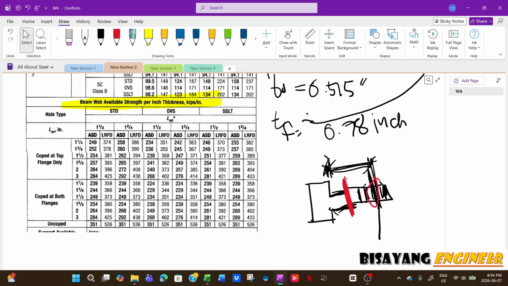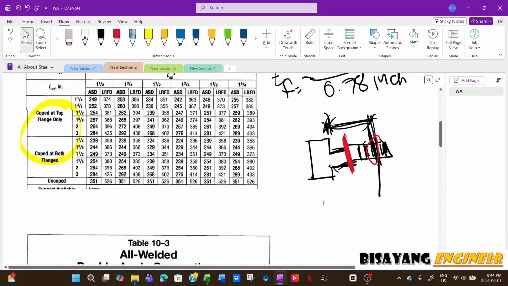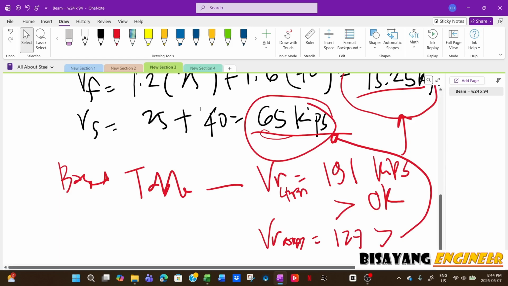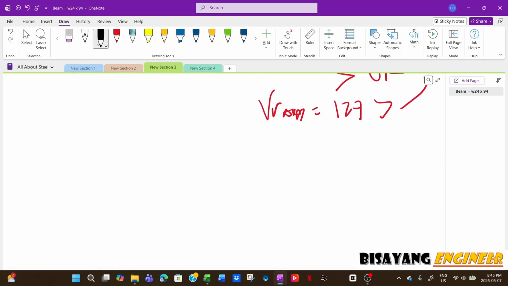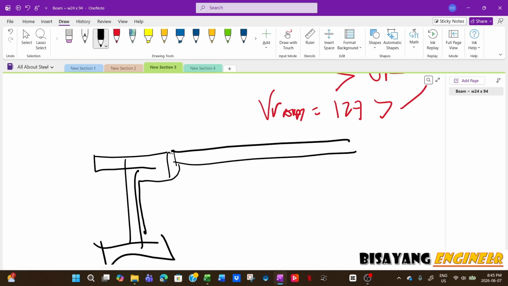These two options are basically applicable if you have a beam to beam connection, where, if this is your girder, and then you need a beam right here. Your beam is right there. Then you will connect this one.